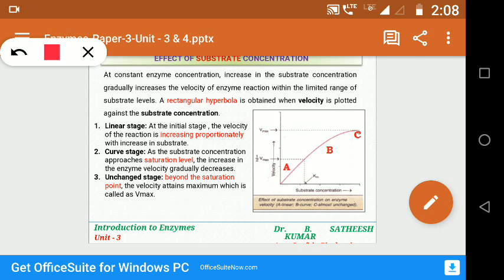What happens if we add some amount of substrate to the enzyme? The enzyme will first bind the substrate and convert it into product within a time span, say 1 second. So what happens in 1 second? One enzyme molecule converts one substrate molecule to product. That is the rate of the enzymatic reaction, one substrate per second.